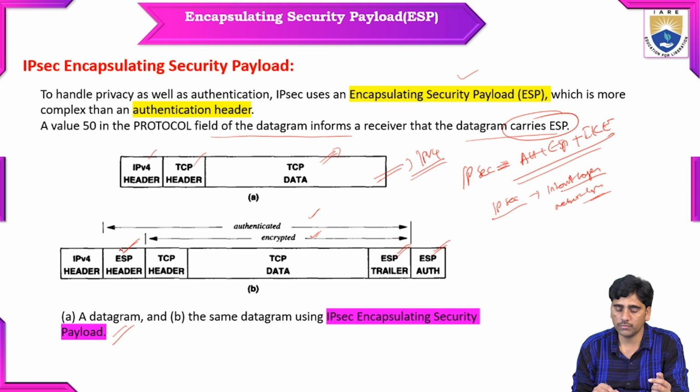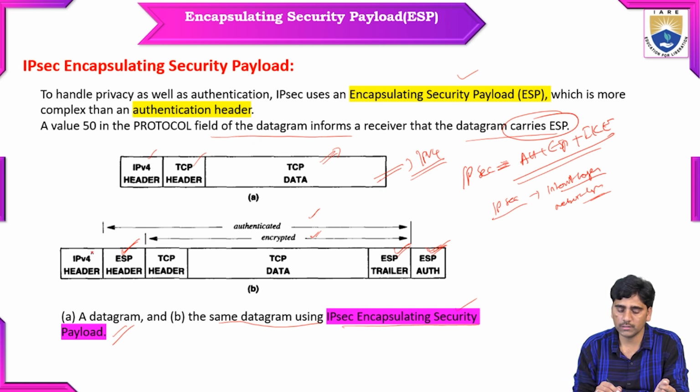These three fields, the ESP header field, the ESP trailer field, and the ESP authentication field, are extra added in this datagram. The same datagram, using IPsec encapsulating security payload.